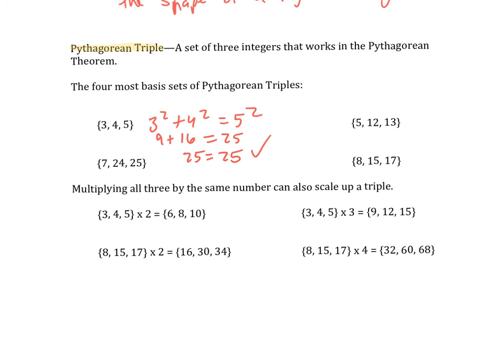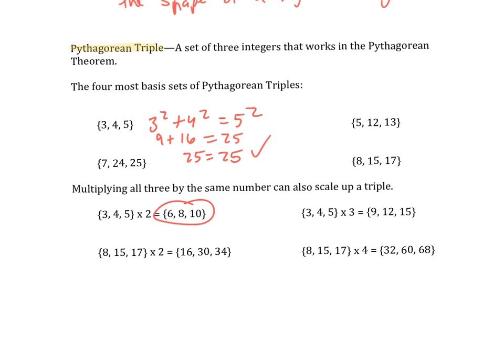If you scale those sets, so multiply all three of them by the same number, that would also make a Pythagorean triple. So for example, if you take 3, 4, 5 and multiply each of them by 2, you get the Pythagorean triple 6, 8, and 10. That will work in the Pythagorean theorem.